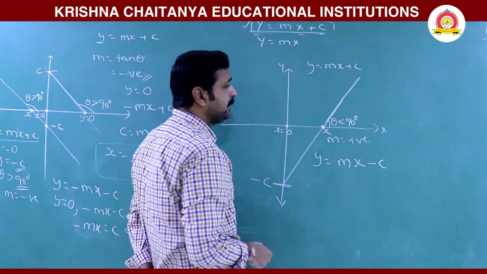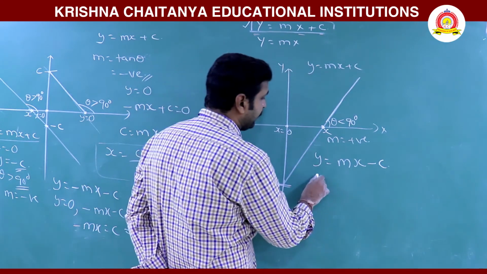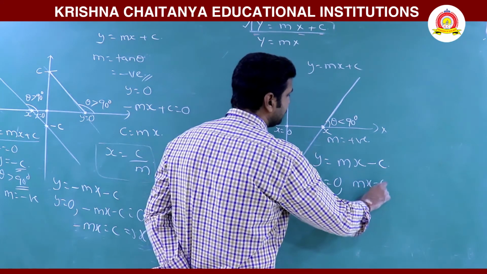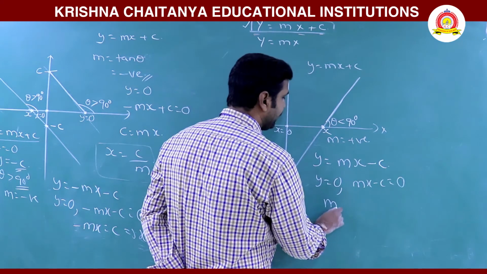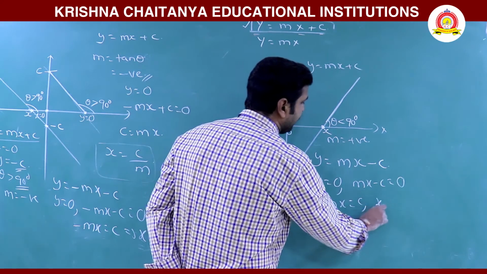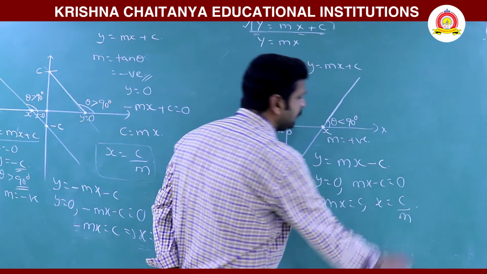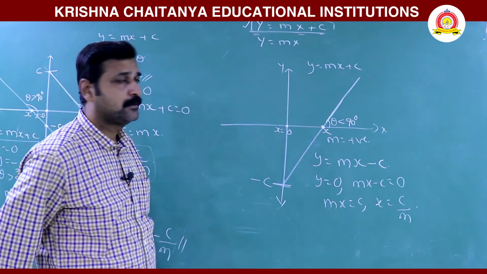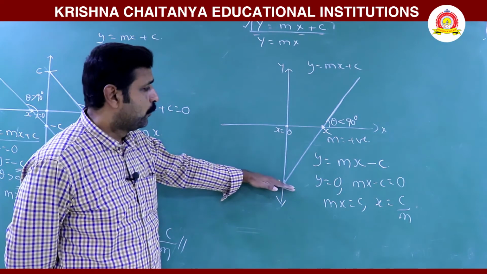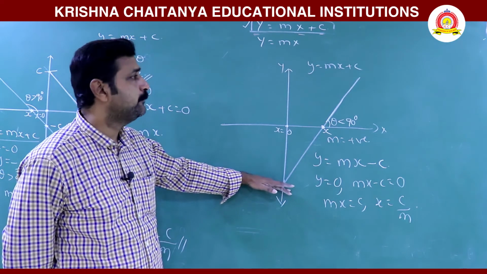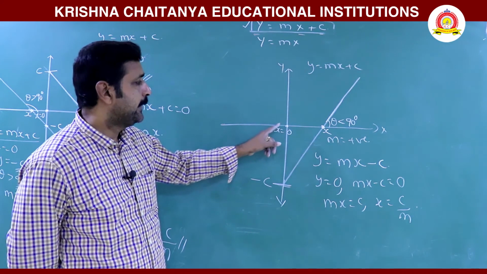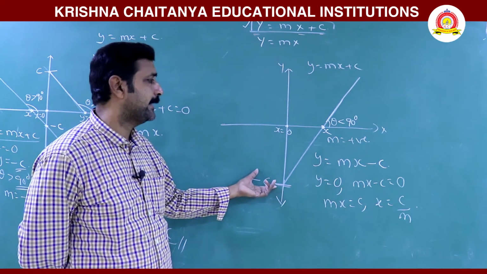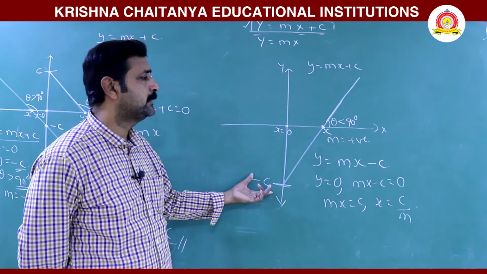To find the x-intercept, take y is equal to 0, then mx minus c is 0. mx is c, x is c by m, which is positive. So again the three steps. First one is the y-intercept: at x is equal to 0, the y-intercept is on the negative y-axis, so it is minus c.